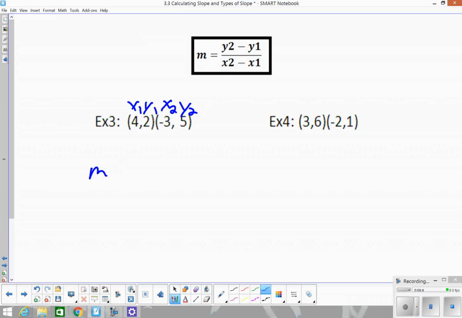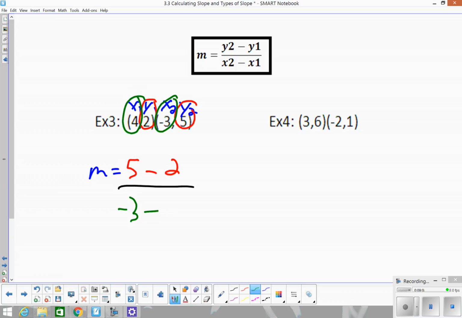Okay, so M equals my Y2, which is 5, minus my Y1, which is 2, good, over my X2, which is negative 3, minus my X1, which is 4.